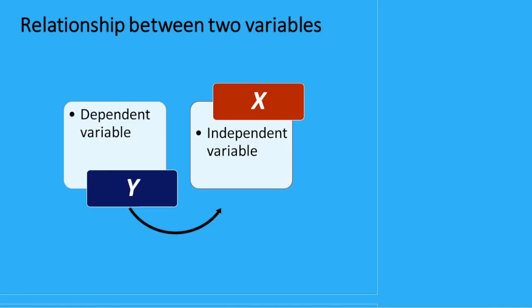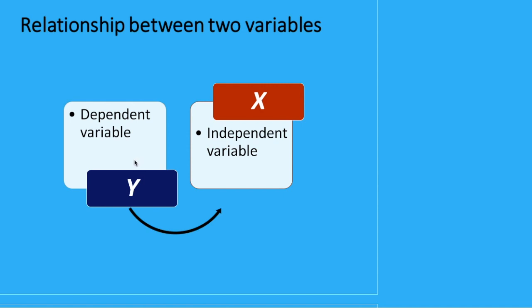Let's discuss y, or the dependent variable, and x, or the independent variable. So the independent variable, or x, is exactly what it sounds like. X stands alone and is not changed by any other variables, including the dependent variable. And y, or the dependent variable, is also exactly what it sounds like.